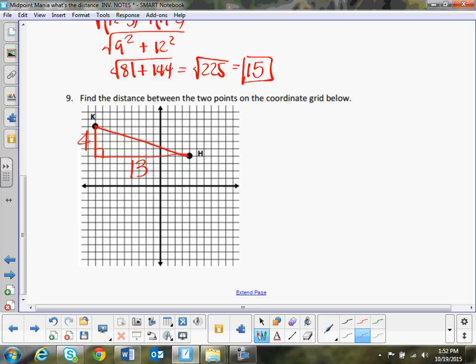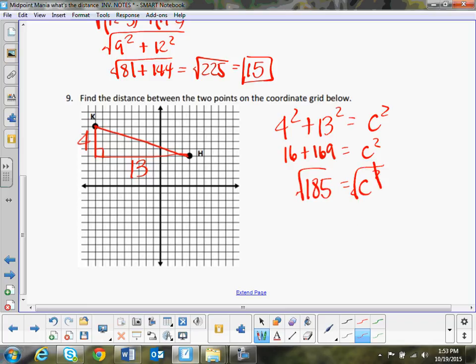All right, so now what do I write, guys? 4 squared plus 13 squared equals C squared. Somebody know what 4 squared and 13 squared is? What do those two add up to? What's the last step? Square root. That gets rid of that.